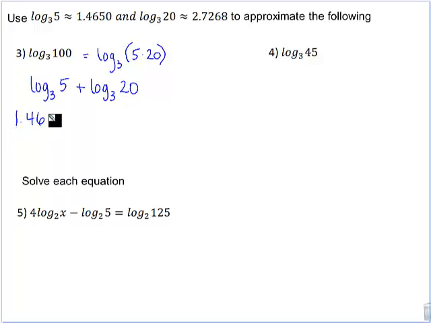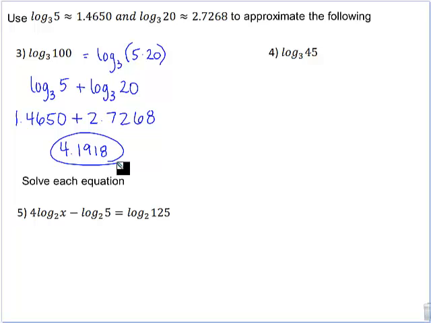So 1.4650 plus 2.7268. And what do we end up getting for this? Yep. So log base 3 of 100 is about 4.1918. That one okay?